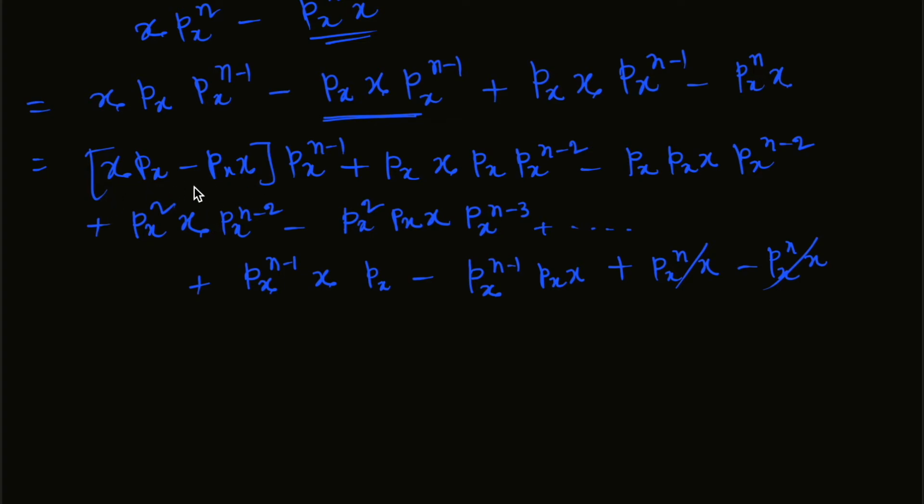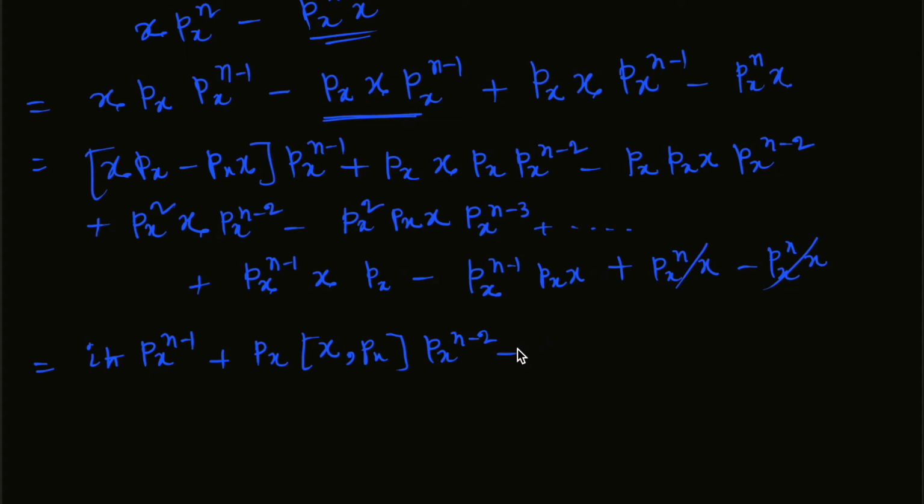Now we know that this is I h cut. So I h cut px n minus 1, it will be plus px x comma px n minus 2.